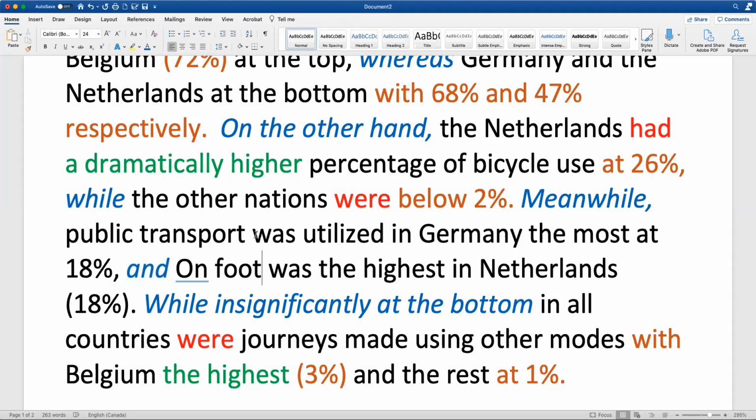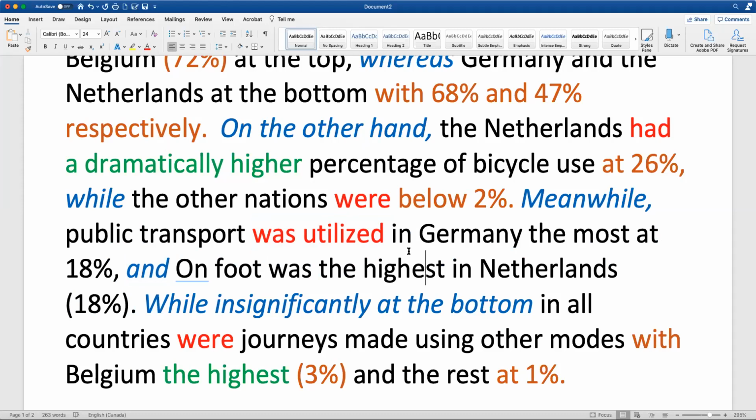I think understanding the idea is very important. It's all about time and how much you can write quickly. So the information in this table, not all of it needs to be said.